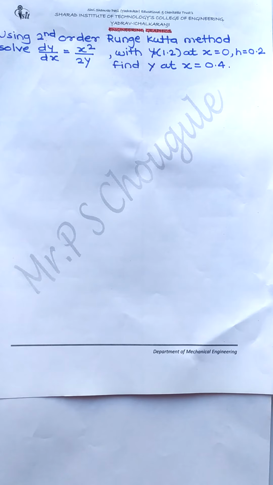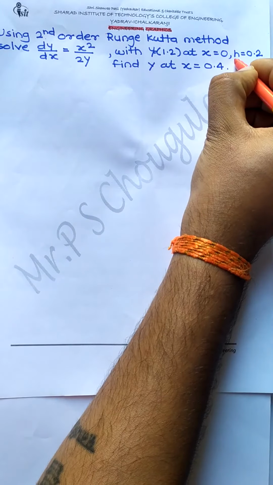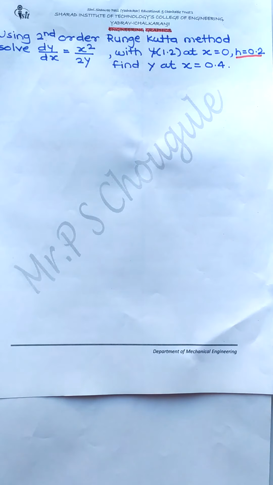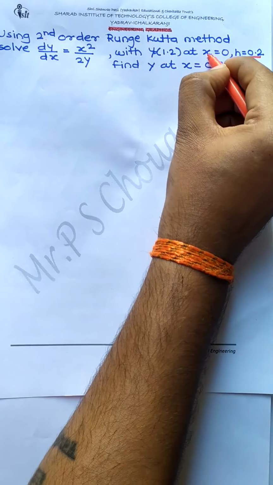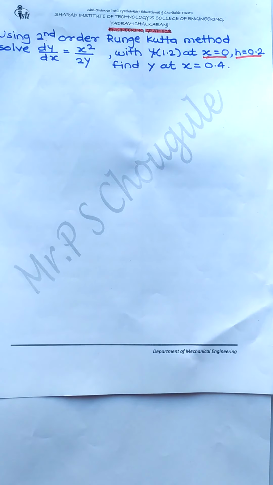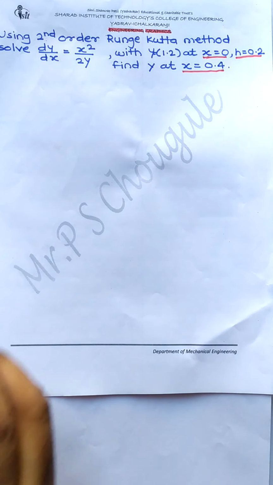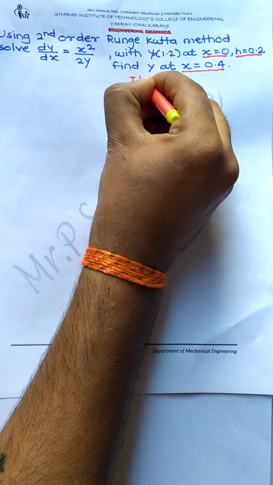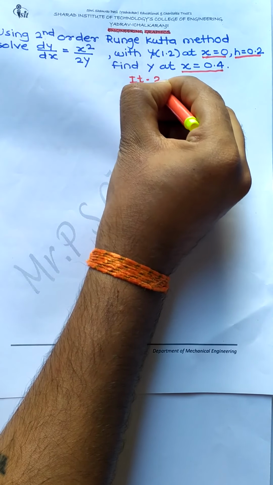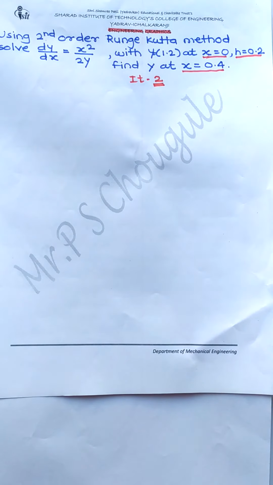Now we need to find y at x is equal to 0.4. Now if you look here, this value h is 0.2, the initial value of x is 0, and we need to find y at 0.4. That means we have to complete two iterations.